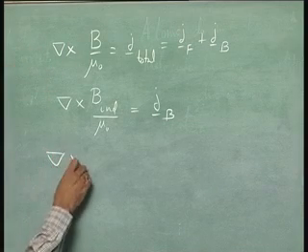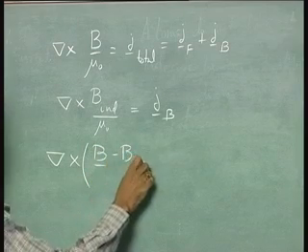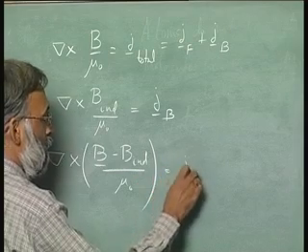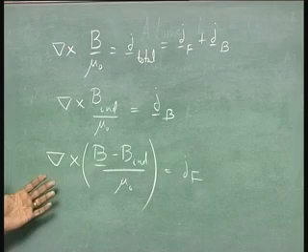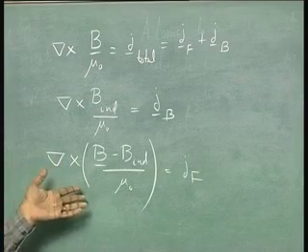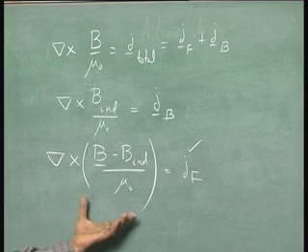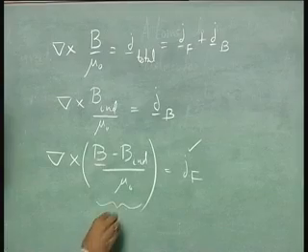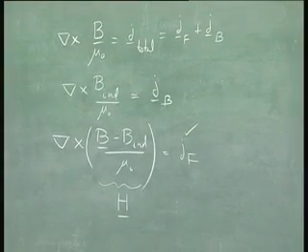I get curl of (B minus B induced) over mu naught is equal to J free. As with electrostatics, the right hand side is known, the left hand side is a new field, and this new field I call H.